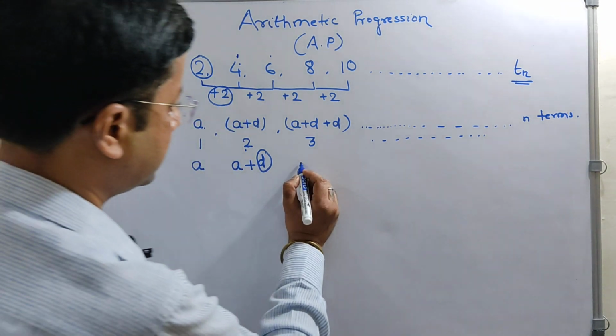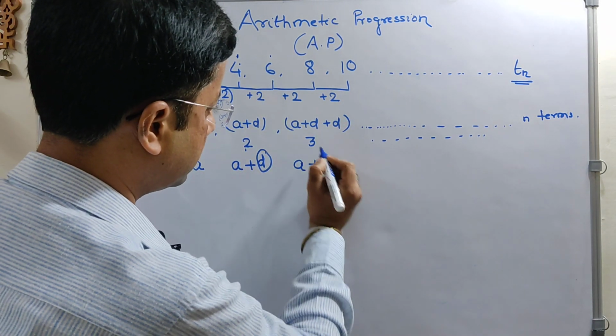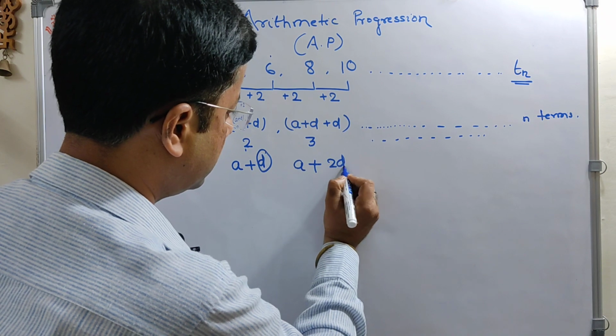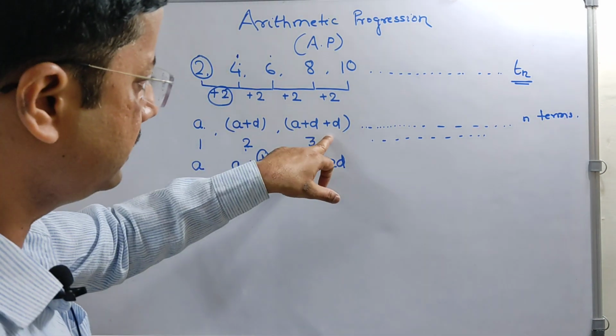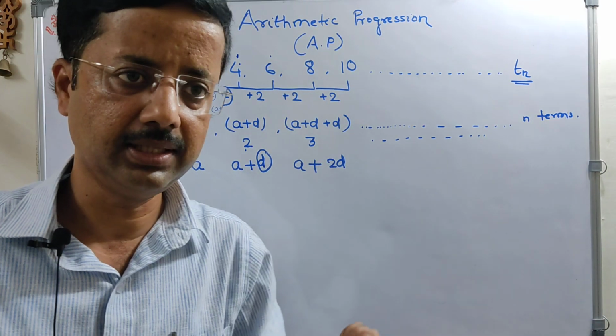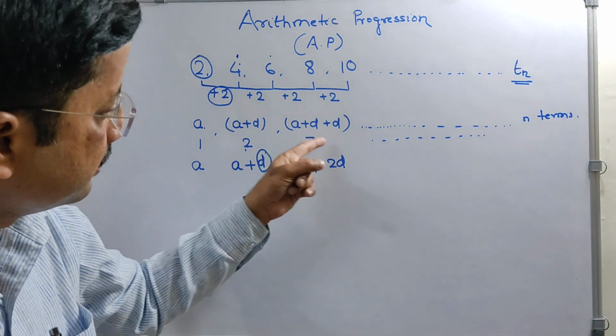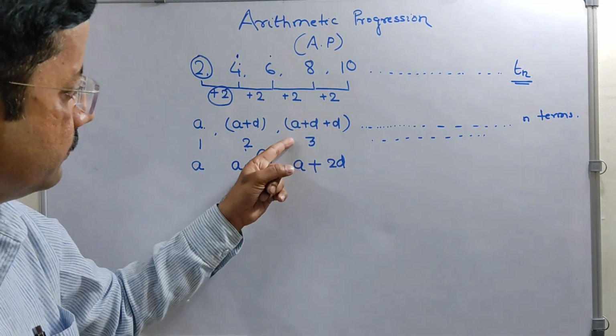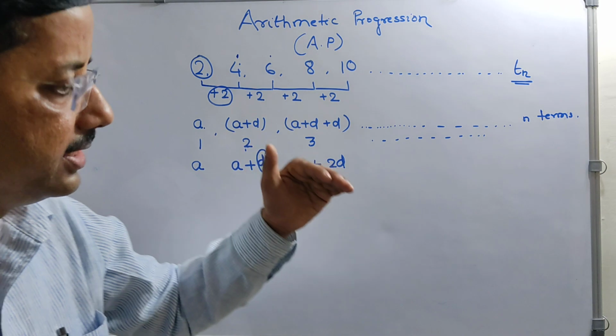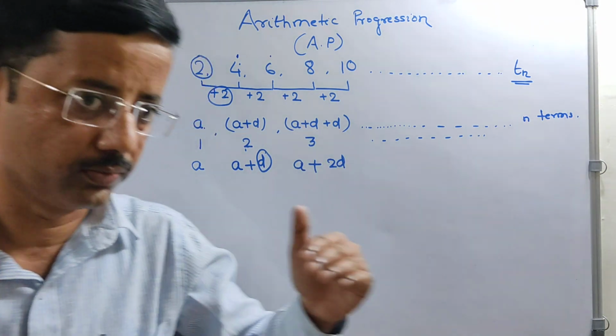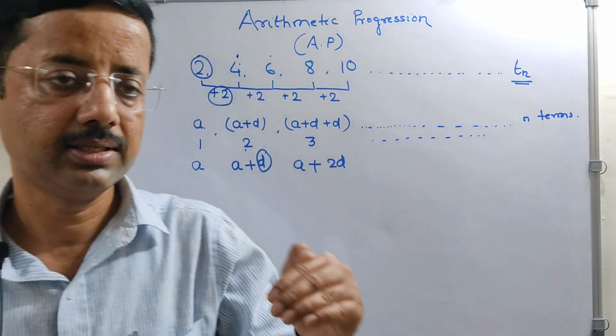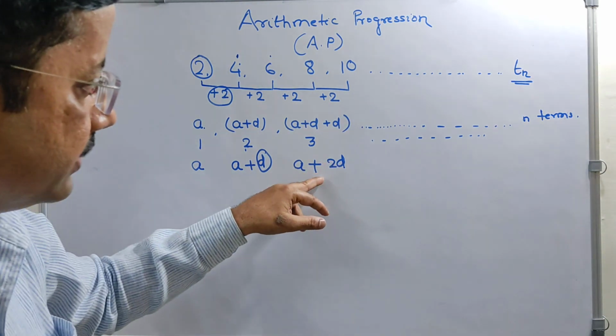Then for the third term, the d is 2, which means d is always 1 less than the term which we need to find out. Whichever term we are finding, the d value is always 1 less than the term which we are finding.